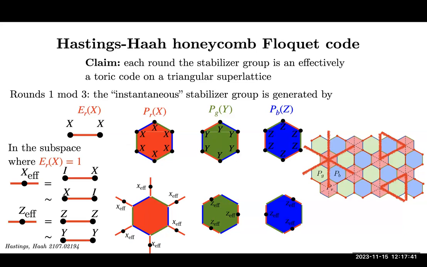After a bunch of rounds, on round 1, these are the stabilizers of my state. I can restrict to a simpler subspace. Let me set all these red edges. There's one stabilizer per edge, but there are 2 qubits here. So I have one constraint but 2 qubits, which means effectively I have 1 qubit left in that subspace.